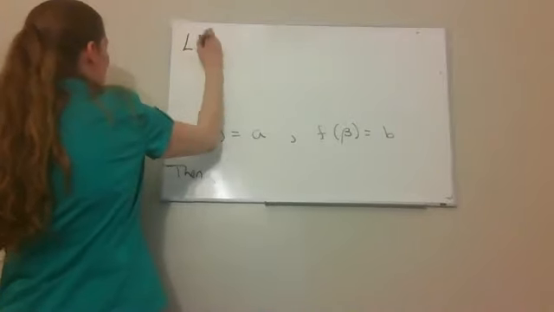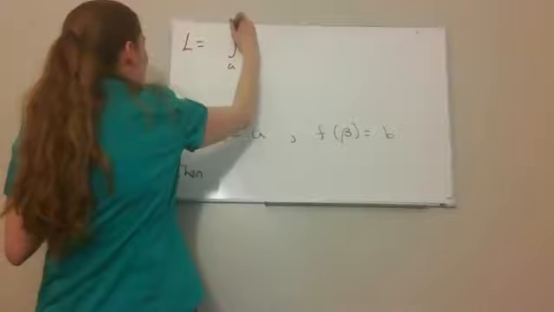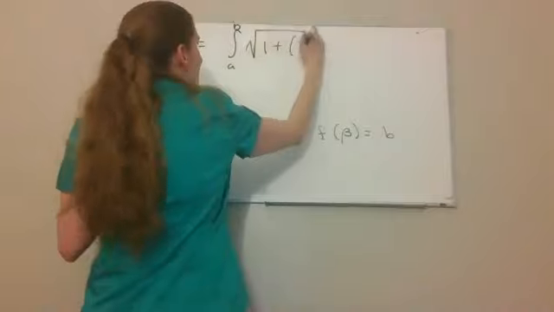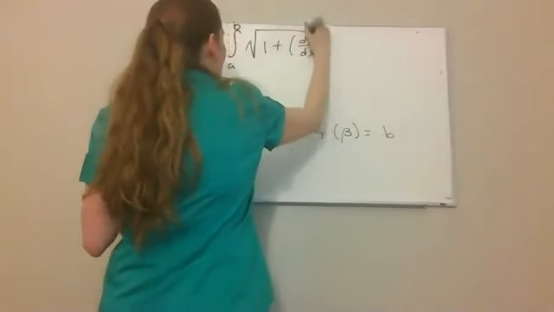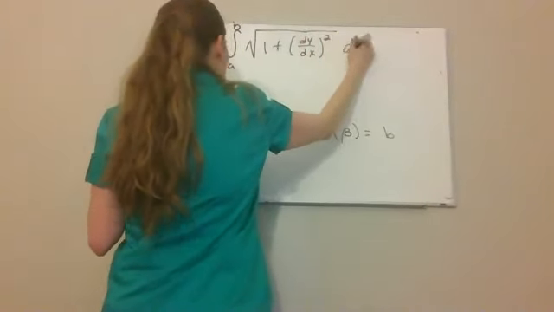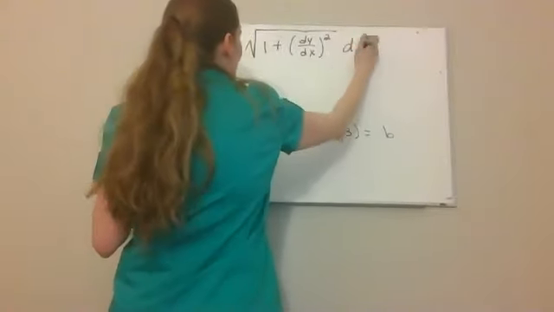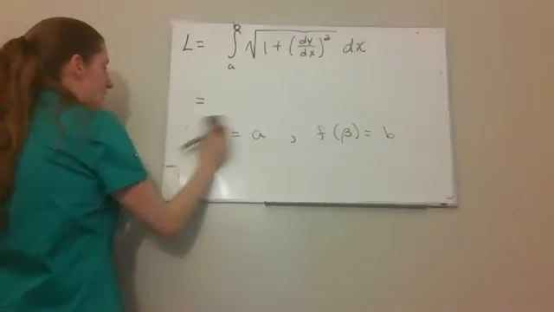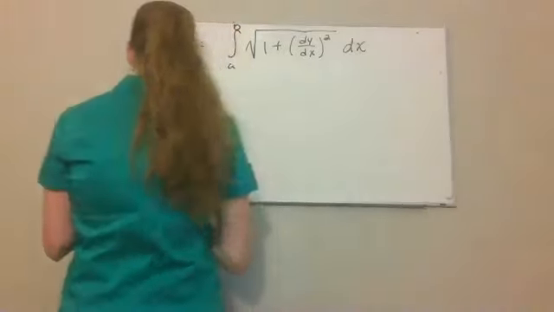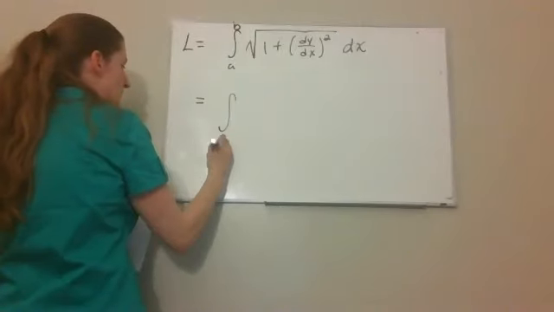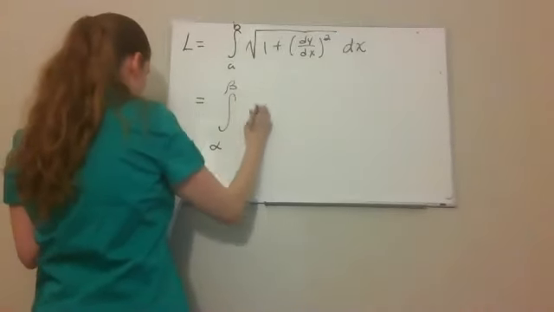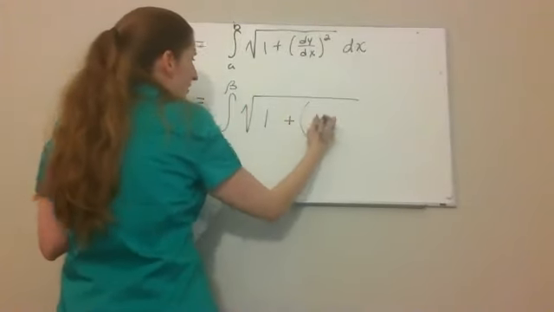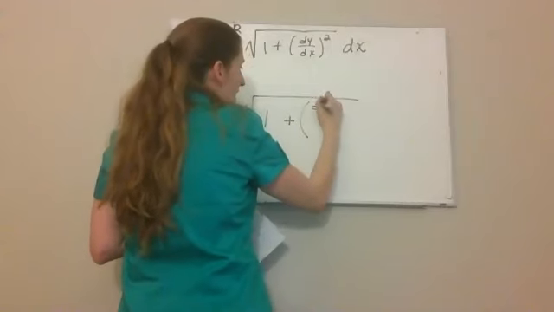My L, which is equal to the integral from A to B of the square root of 1 plus dy/dx squared with respect to x, I can rewrite as an integral from alpha to beta of the square root of 1 plus the expression that I have for dy/dx.